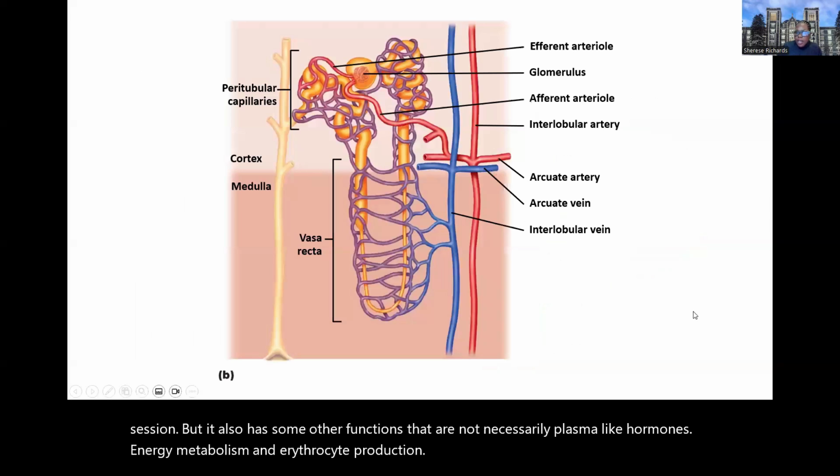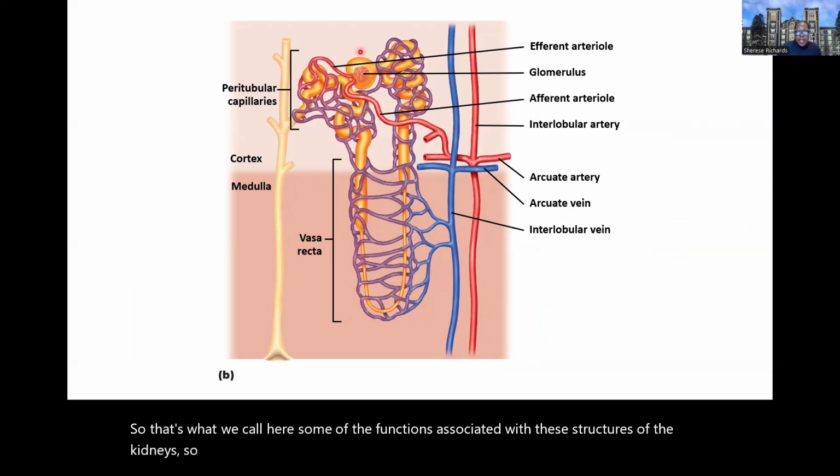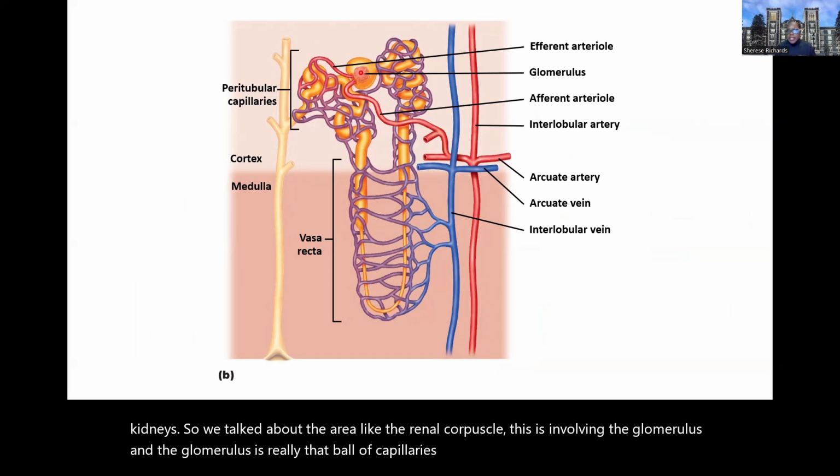So let's recall here some of the functions associated with these structures of the kidneys. So we talked about the renal corpuscle. This involves the glomerulus, and the glomerulus is really that ball of capillaries that's stuffed inside the Bowman's capsule, this outer capsular structure.